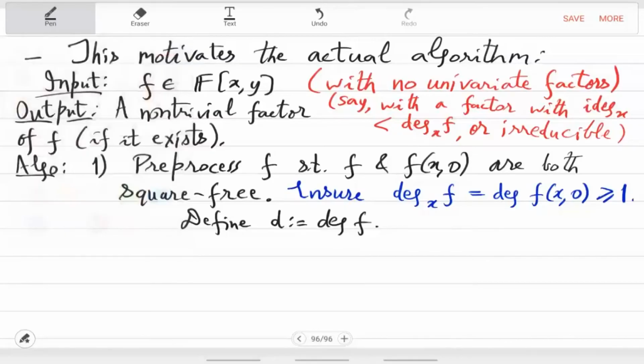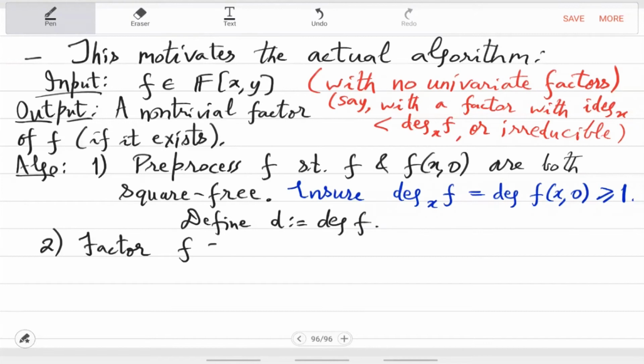Now, if there was a non-trivial bivariate factor of f, how will it manifest in this Hensel lifting that we are doing? That is what the algorithm has to capture. But the algorithm has no idea. So, the algorithm will just do the following.